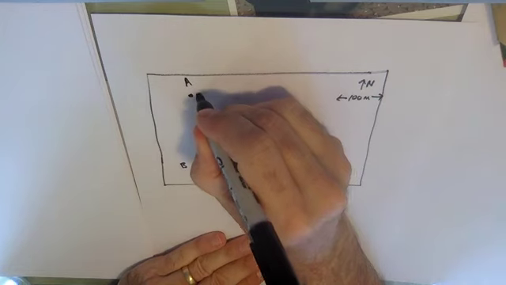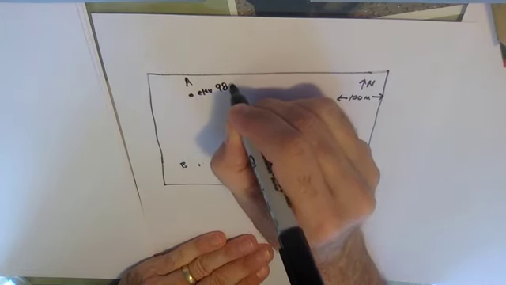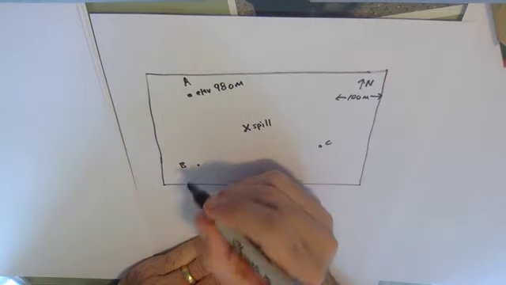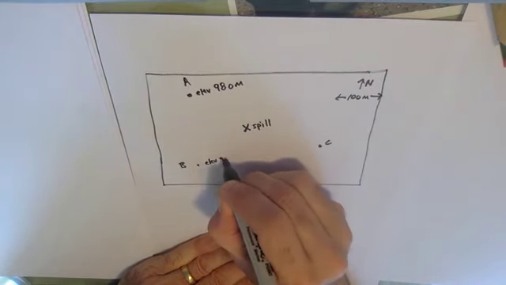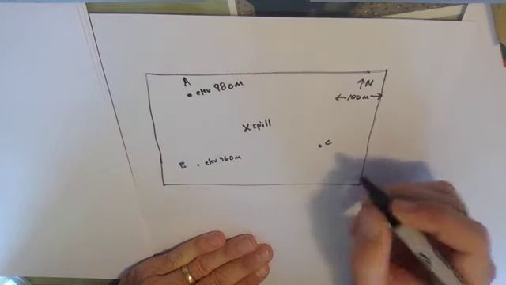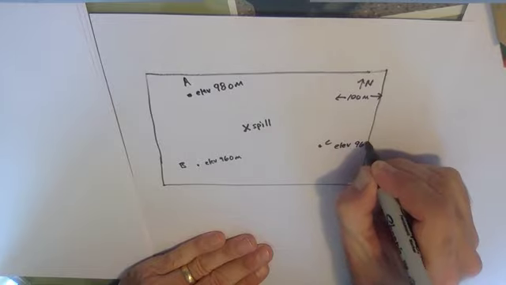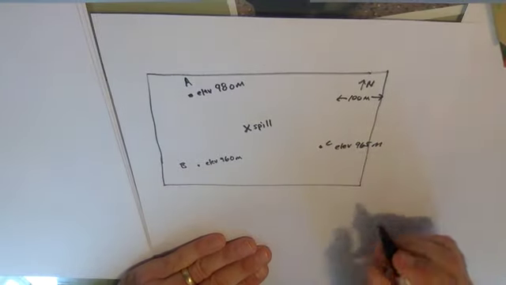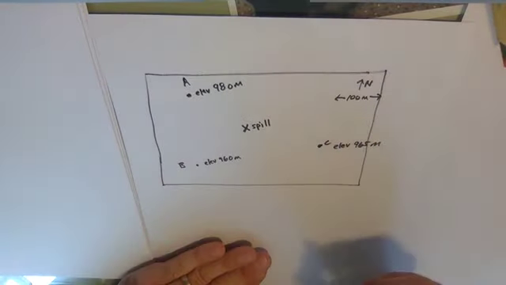And let's say that the elevation here is 980 meters. And here it's 960 meters. And here at C, it's 965 meters. Okay, that's for these individual points where we're going to drill our well.